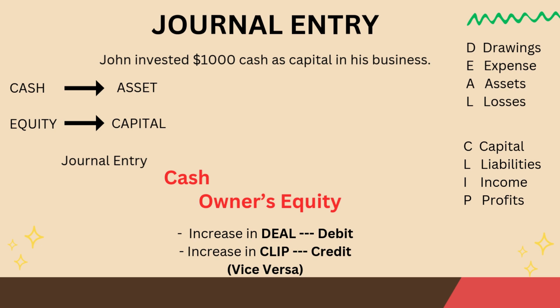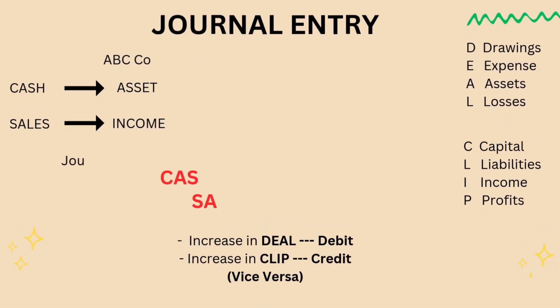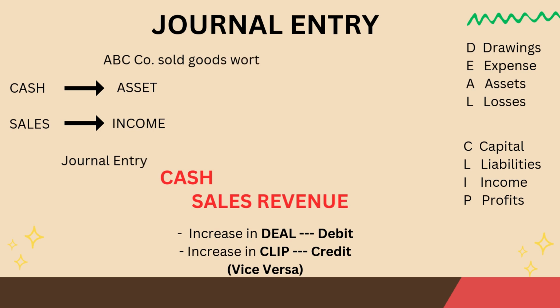Let's look at another example. ABC Company sold goods worth $100 to its customers. In this transaction, one element of accounting will be debited and the other element will be credited. Well, those two elements are asset and income in the form of cash and sales revenue, respectively.